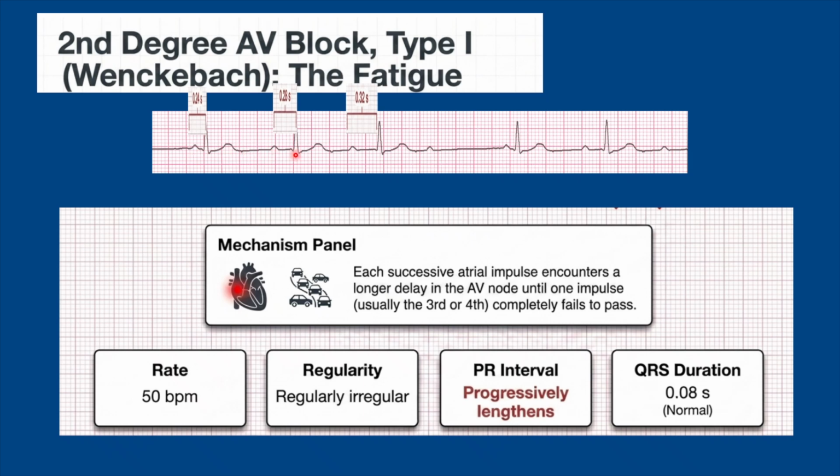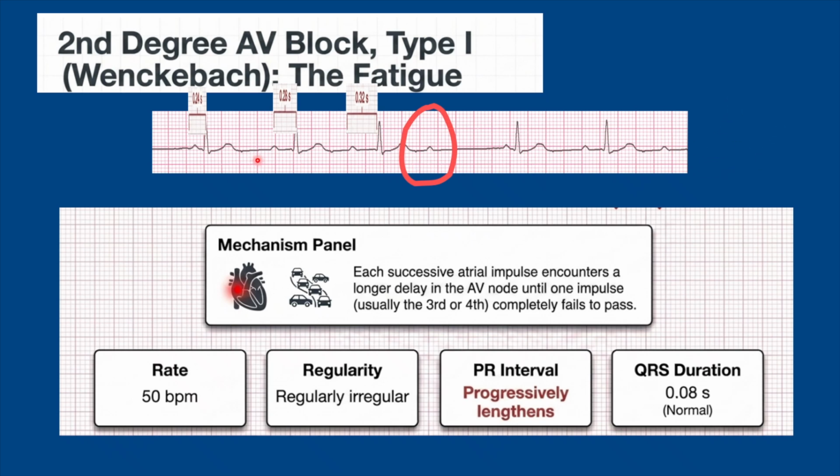The following one is 7. The following one is 8. And then there is a P wave without a QRS complex. So there is a dropped beat. There is a completely blocked beat from passing to the ventricle. And then it restarts again by the same pattern, 6 small squares, 7, and so on, and then drops the P.